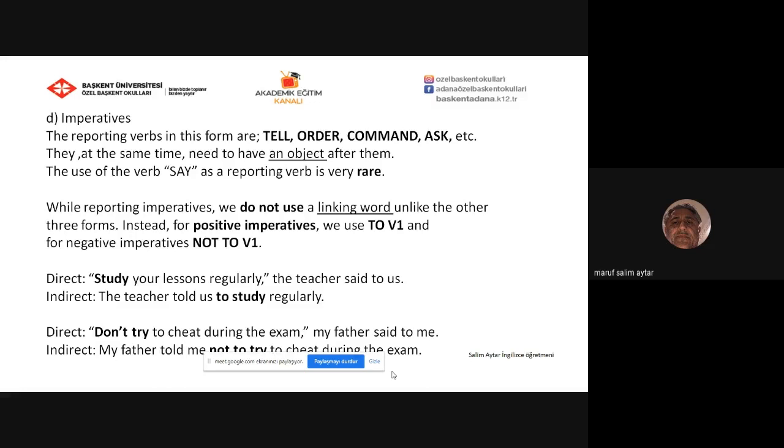The use of the verb say as a reporting verb is very rare. While reporting imperatives, we do not use a linking word unlike the other three forms. Instead, for positive imperatives, we use to-infinitive, and for negative ones, not to-infinitive.